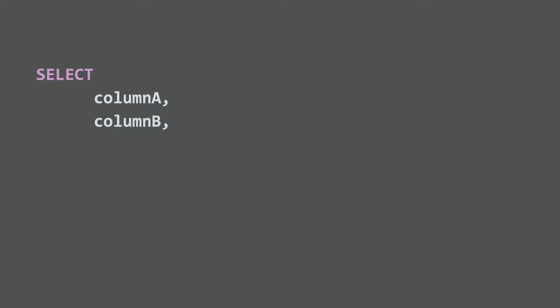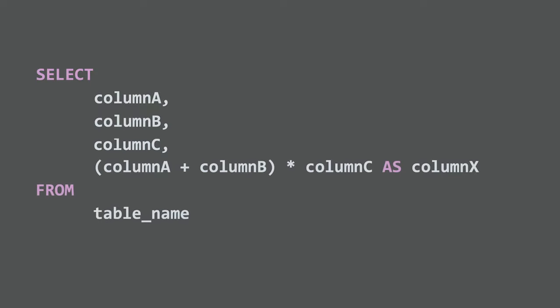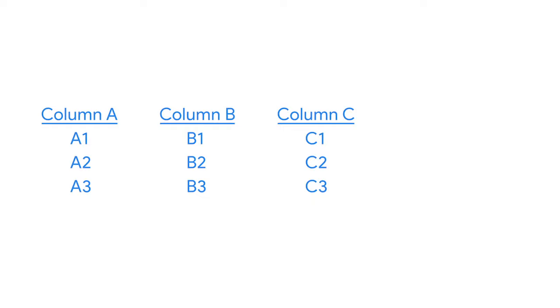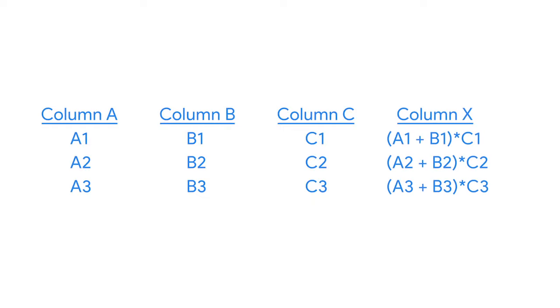So if we included column C in our query, we could place parentheses around column A plus column B. We'd then add an asterisk if we're multiplying, followed by column C. This query would return in a new column the sum of the values in column A and B multiplied by the values in column C.